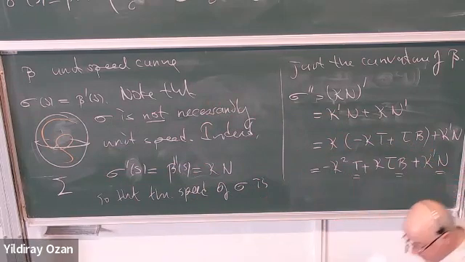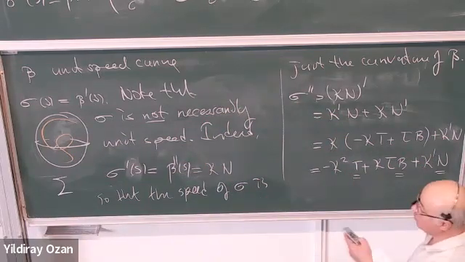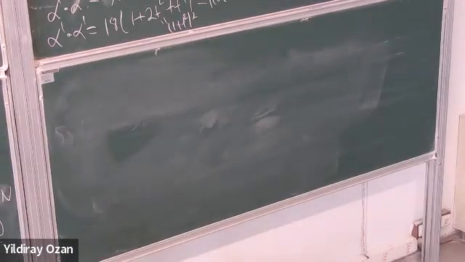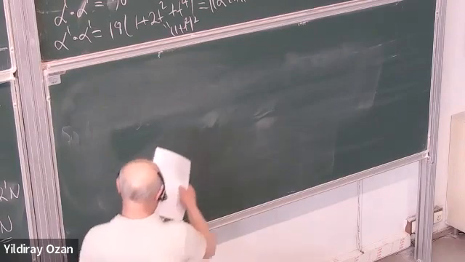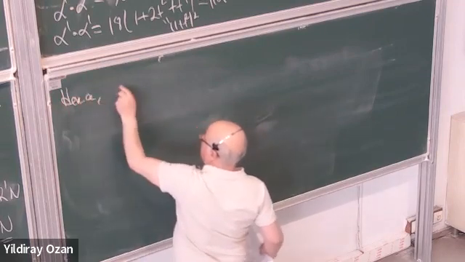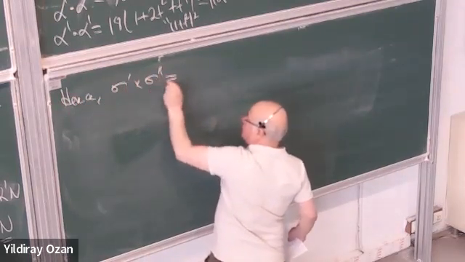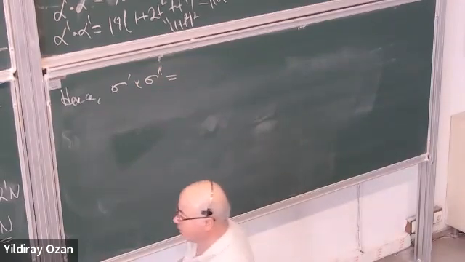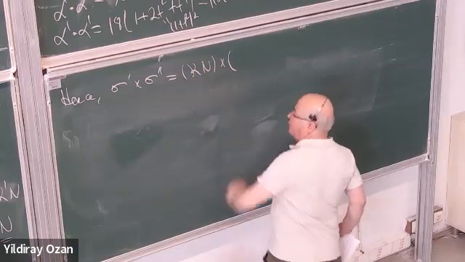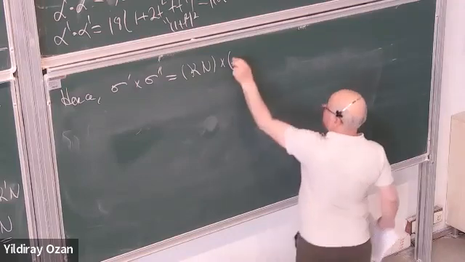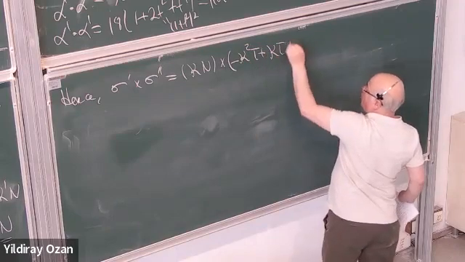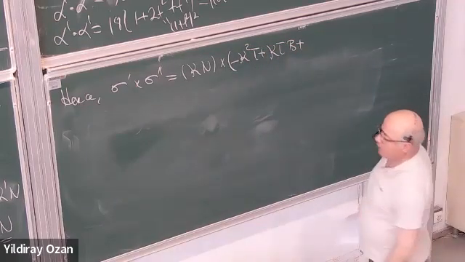Because it's not unit speed. Hence, sigma prime cross sigma double prime is what? Sigma prime is computed as kappa times n, and then the cross product with minus kappa squared t plus kappa tau b plus kappa prime n.